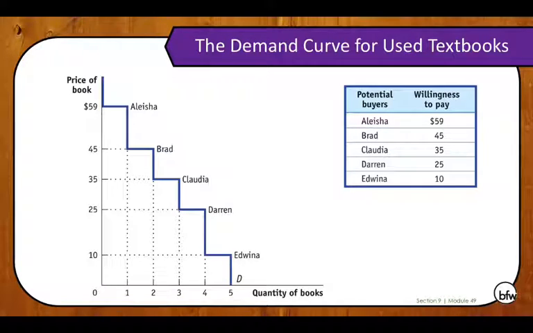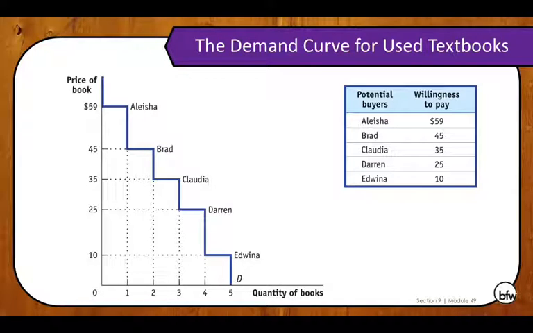So, how many textbooks will be purchased? Well, it depends on the price. Suppose the price is $15. Okay? Well, in that case, Alicia, Brad, Claudia, and Darren will buy the textbook, but Edwina will not. So, if the price of the textbook is $15, then 4 textbooks will be demanded.